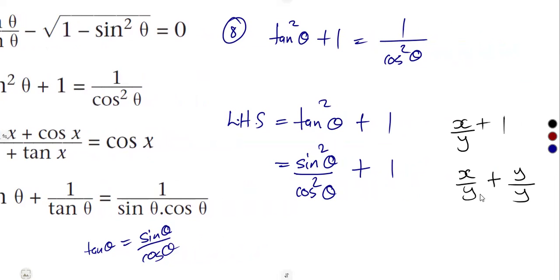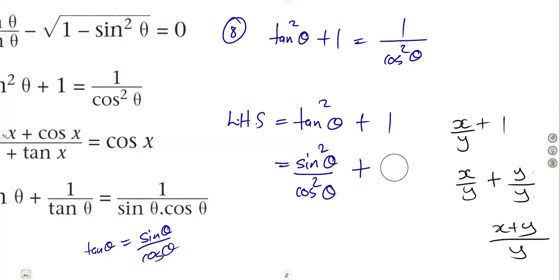As long as we are writing it as the denominator over the denominator, which is what? Which is 1. As long as you write it that way, it does not affect anything, because you know that you simply add what? The numerators together, x plus y over what? Over y.